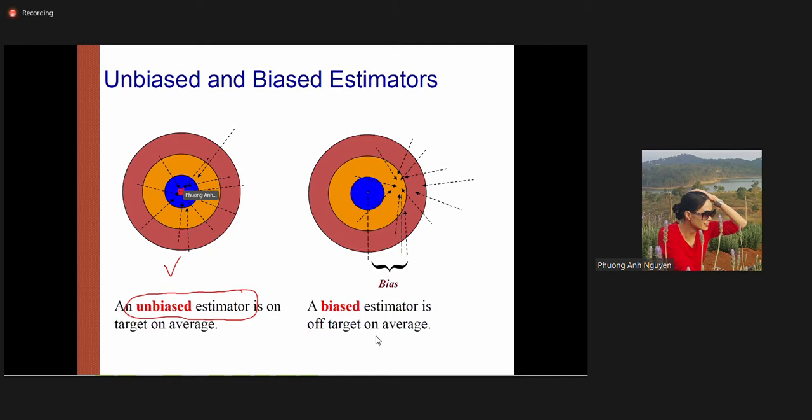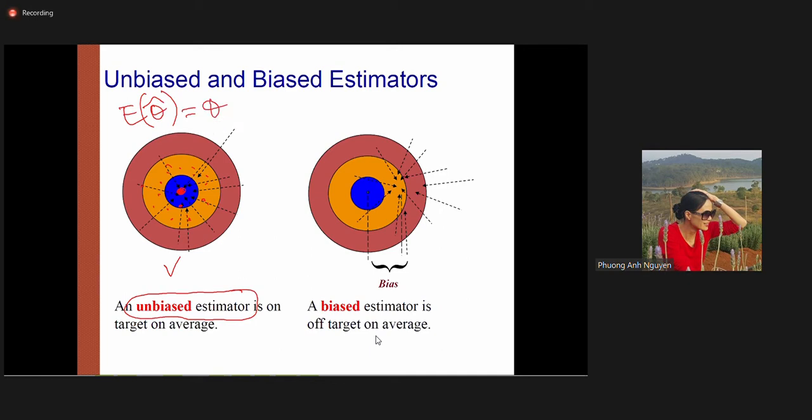You can try a second time and get the value there. But on average, if you take the average of all these values, you are on target. It means that the average of them all will be equal to the true value. We translate it by writing that the expectation of the estimator theta hat is equal to the true value of the parameter theta.